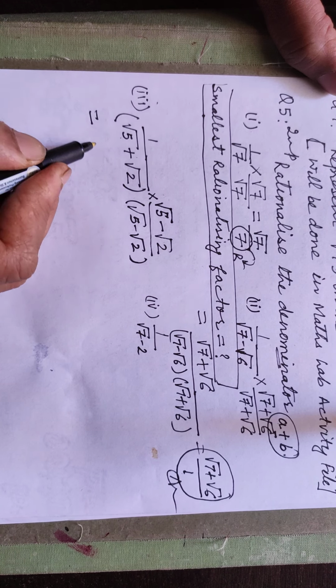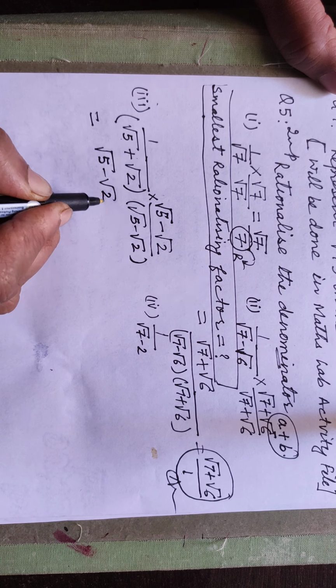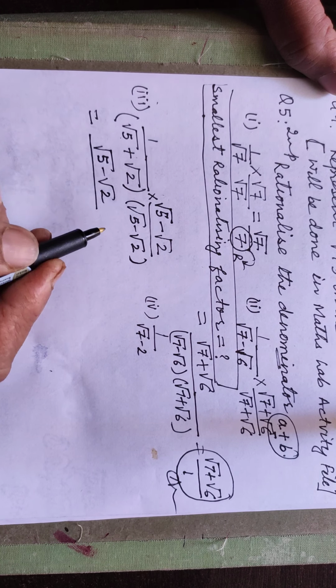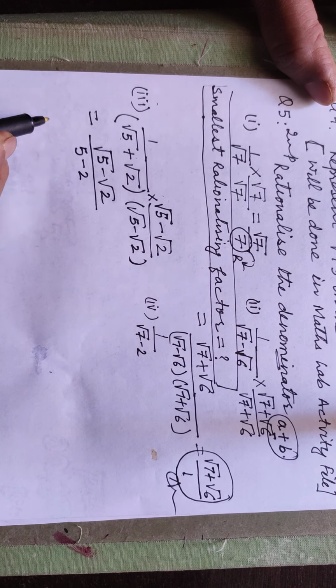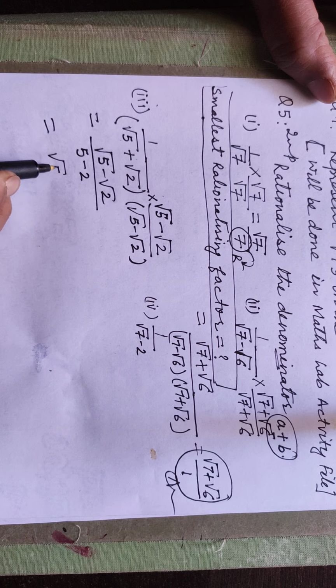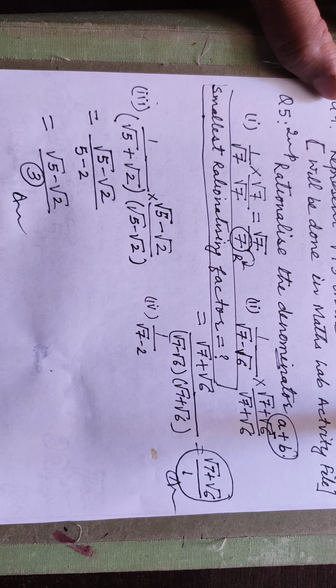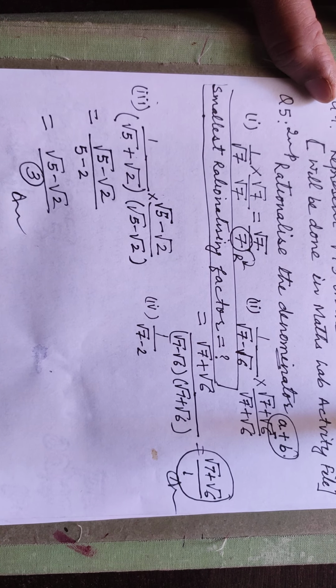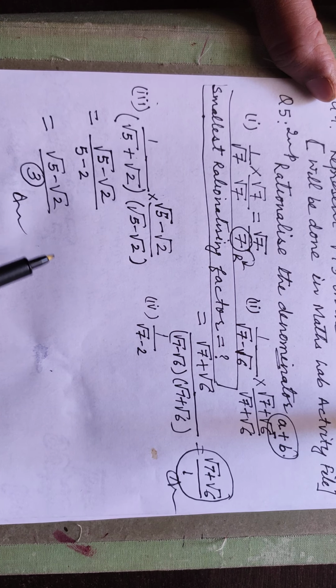So you can simplify it further as root 5 minus root 2, no change in the numerator. Denominator is 5 minus 2, and this is root 5 minus root 2 divided by 3. So see the denominator now. The denominator has been converted to a rational number, and this process is called rationalize the denominator.